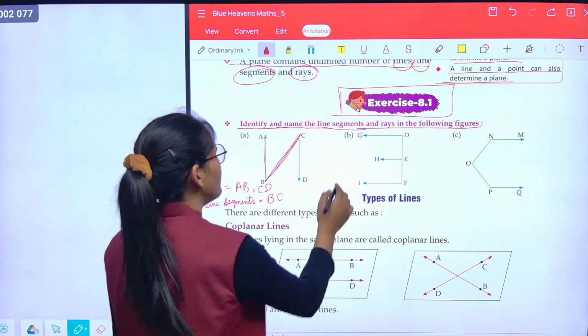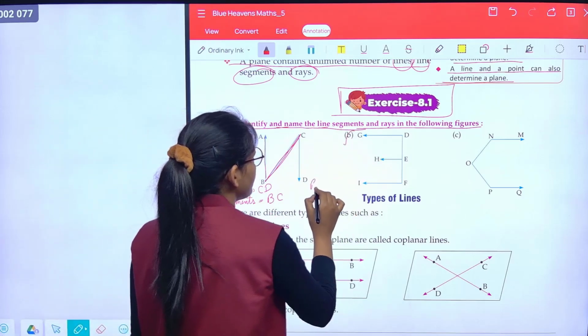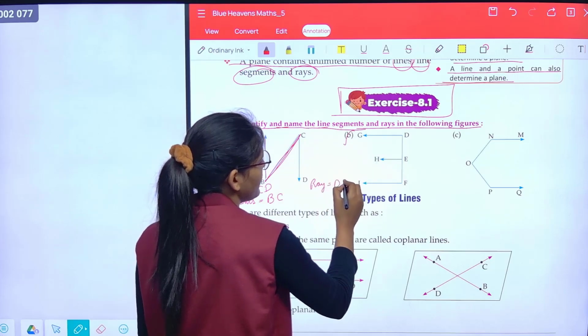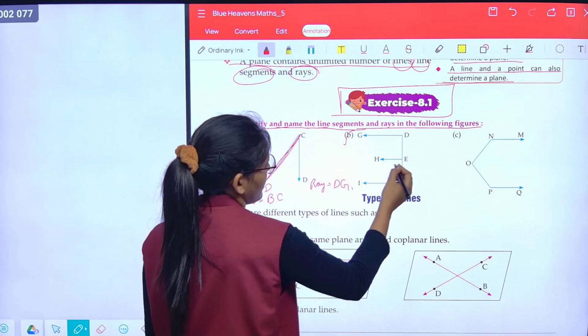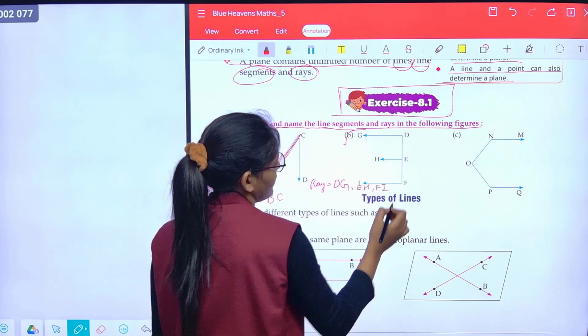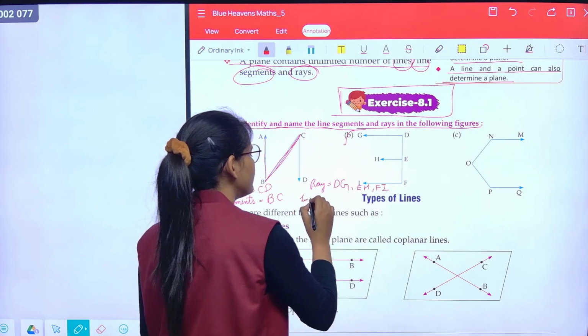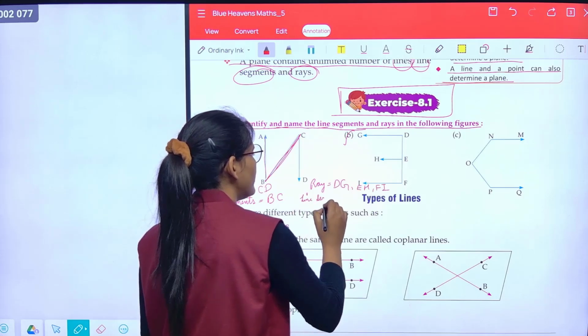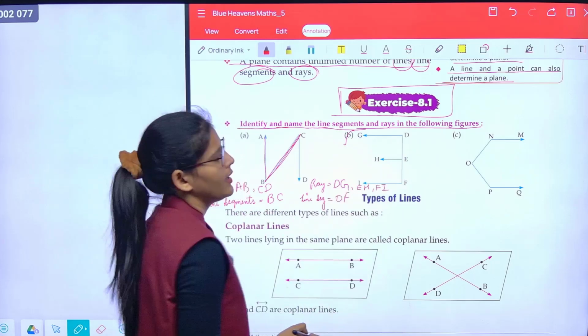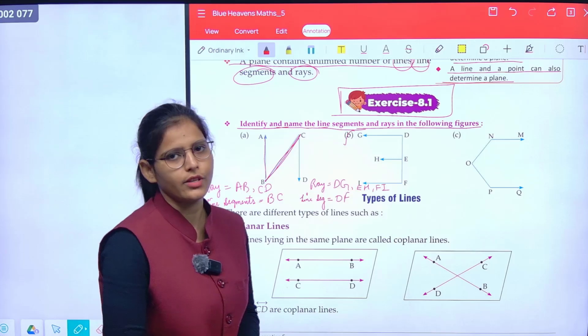Understand class? Now come on B part. Rays are BG or GD, EH, FI, and line segment is DF. Understand? Rest of the part do yourself class.